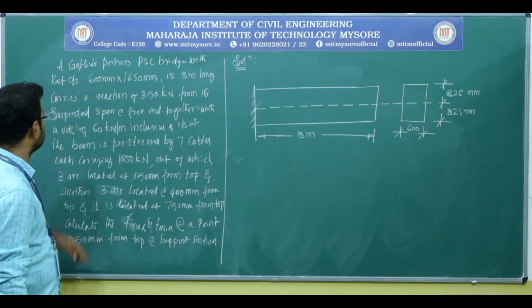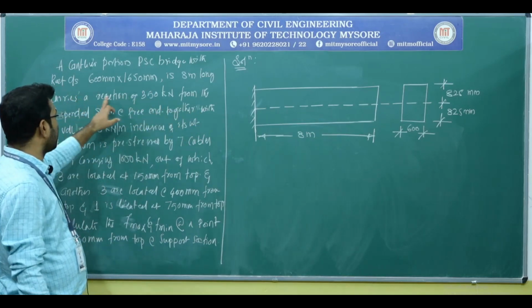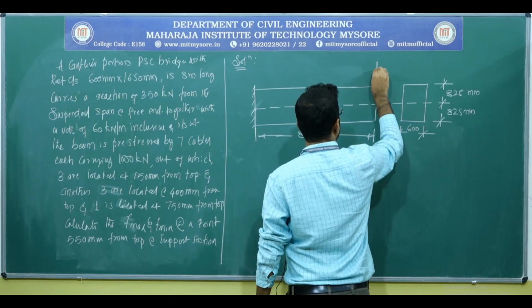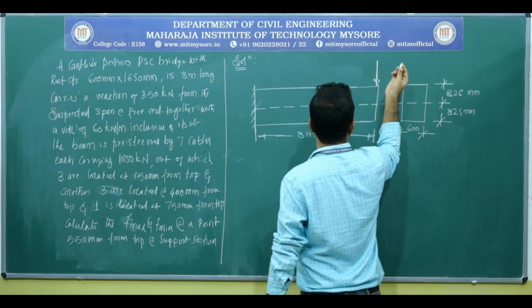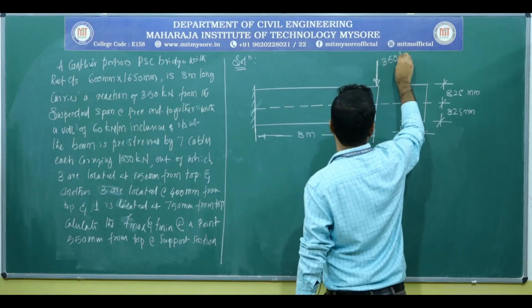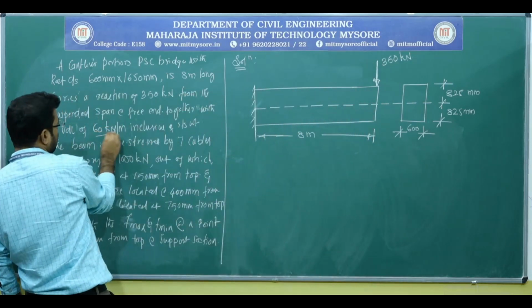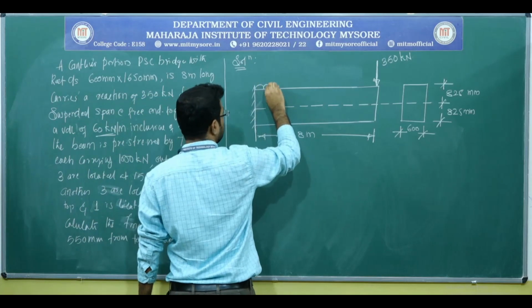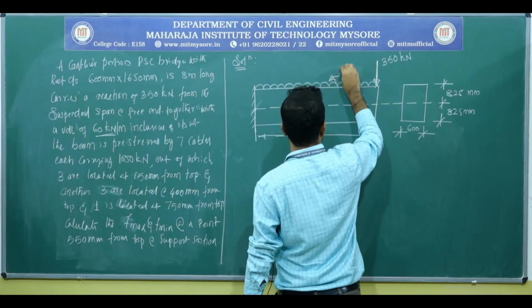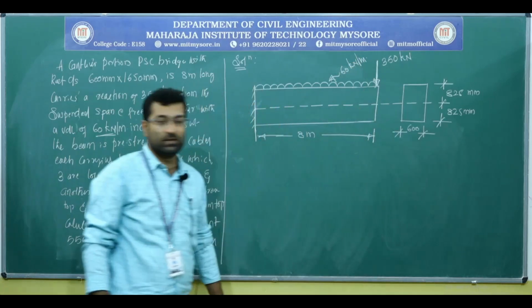Apart from this, as per the problem, at the free end there is a reaction of magnitude 350 kilonewton from the other beam, and the beam carries a UDL of magnitude 60 kilonewtons per meter, right.